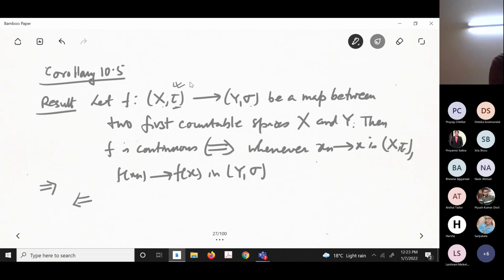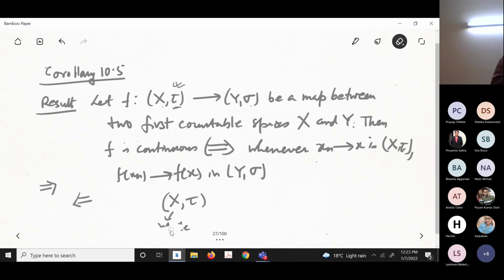So these two results about first countability you need to know. But some spaces are not first countable, like when you have this, this is infinite, really uncountable.